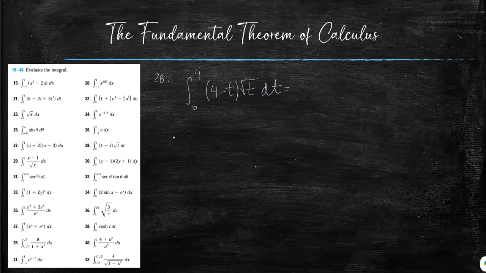The tricky part is actually finding any antiderivative. What we're going to do is distribute the square root of t and write it in exponential form.